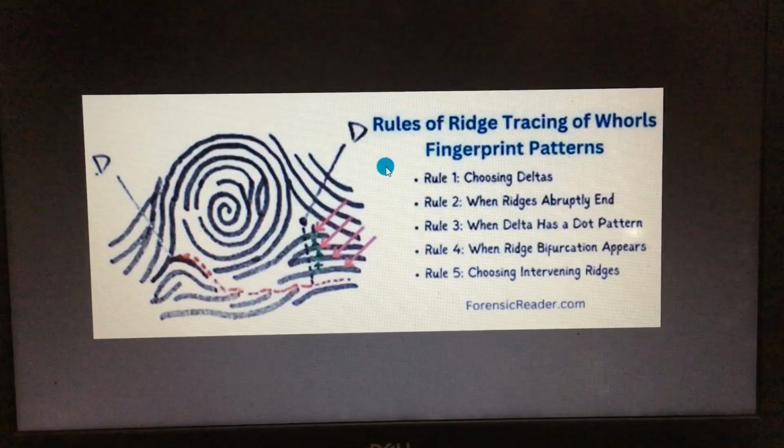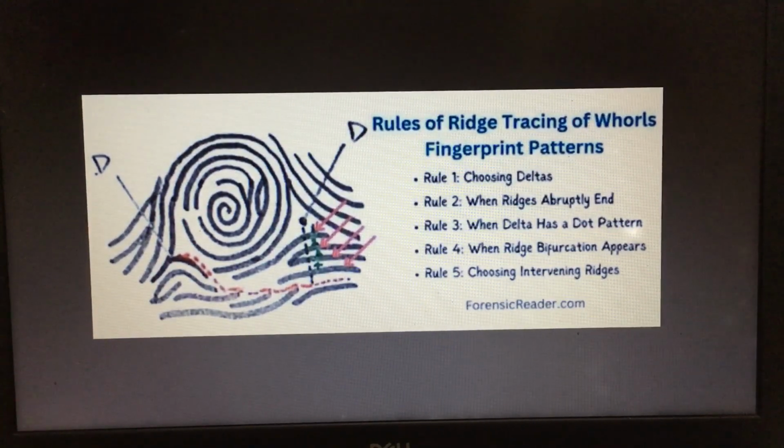So to trace a whirl pattern, first locate both deltas. Place a pencil or ridge counter exactly on the left delta. Sorry, the example I have given is not appropriate. It is for the rules of ridge tracing, but it is imaginary.